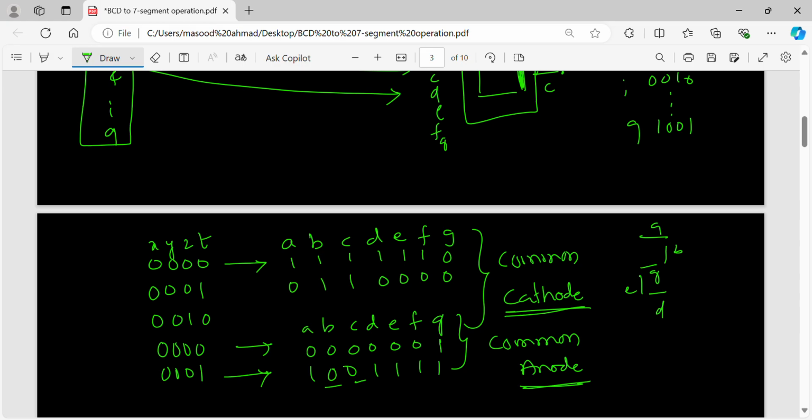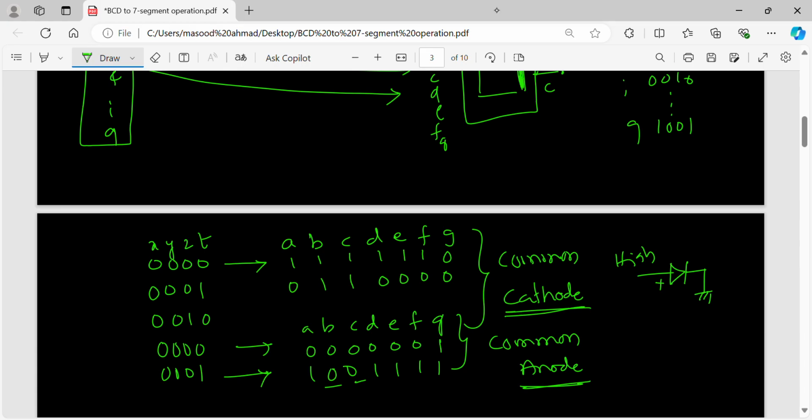Okay. How to remember this? It's very simple. The concept is common cathode means, for all LEDs, the negative is connected to ground. So I have only one option: the positive should be connected to high.